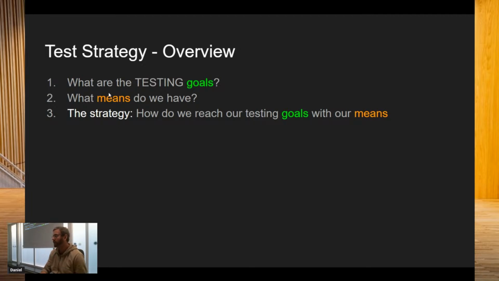What kind of resources do we have? And then a strategy is how to reach our testing goals with our means. This is not always possible, but essentially you have some goals and you have some means and you want to reach as far as you can with the means. Could also be that you have really high means.